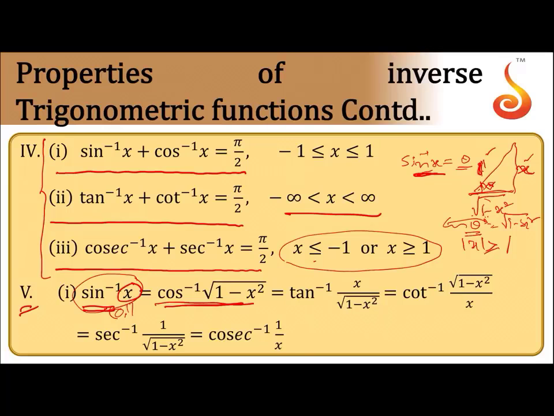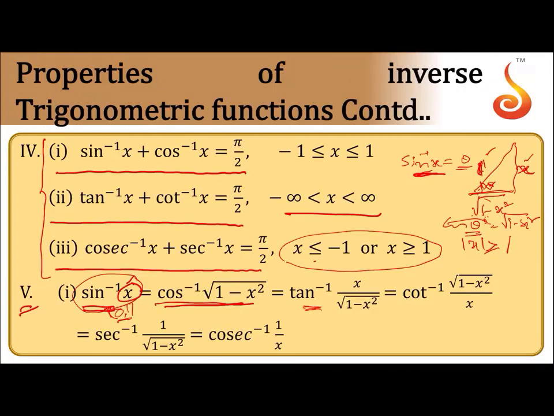Of course, let's consider the different values of the domain here, assuming the common domain of all the inverse trigonometric functions is taken. Let's consider cos inverse root of 1 minus x square.